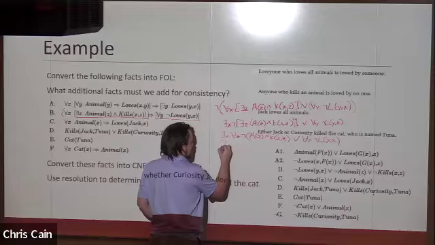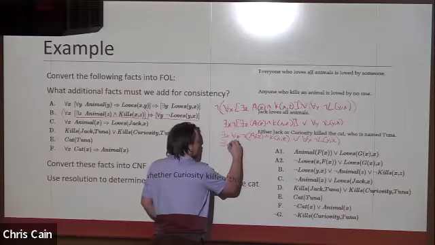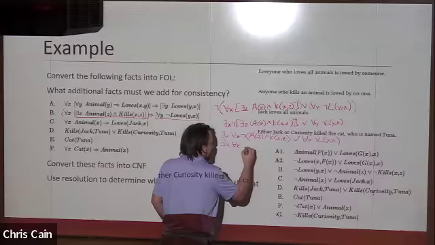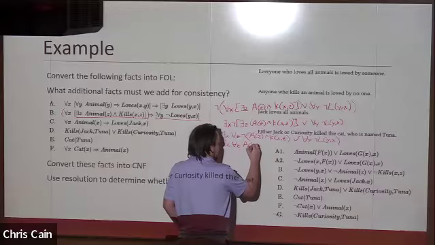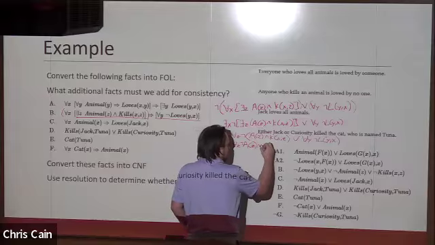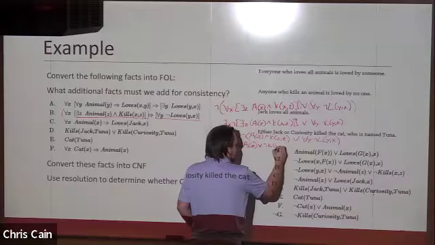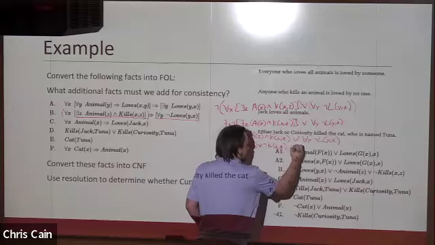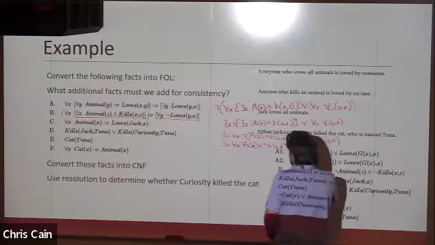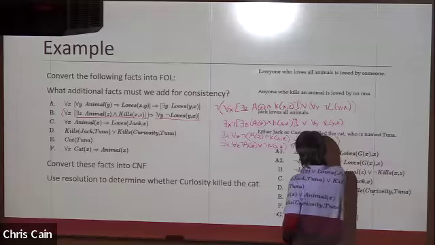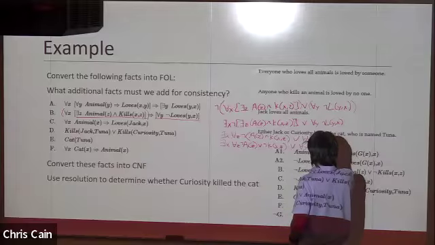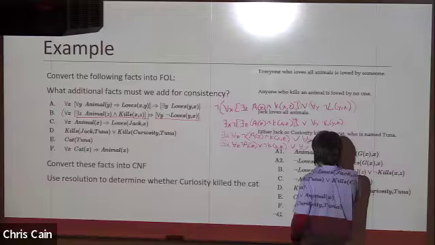So last step, exists at x for all z, A of z, that gets negated, or negate the k of x, z, or for all y, not L, y, x.